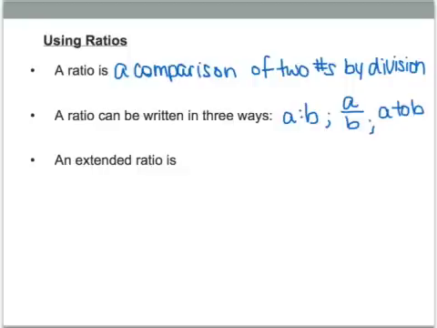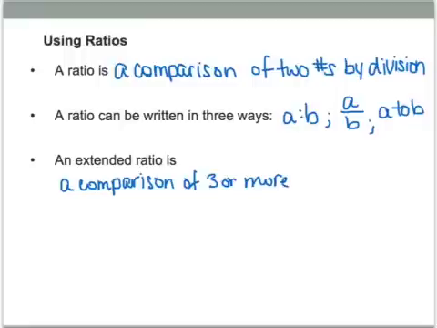An extended ratio is a comparison of three or more numbers. You had an extended ratio on your Think and Discuss from last chapter, and we'll practice an extended ratio this time as well.